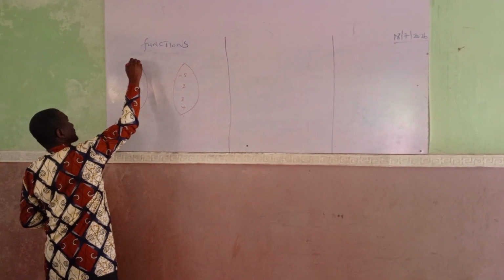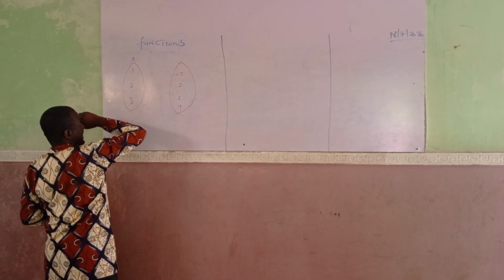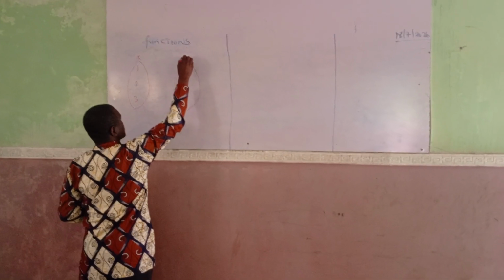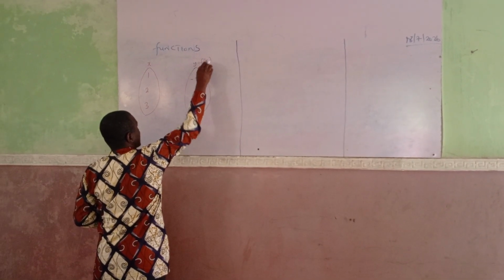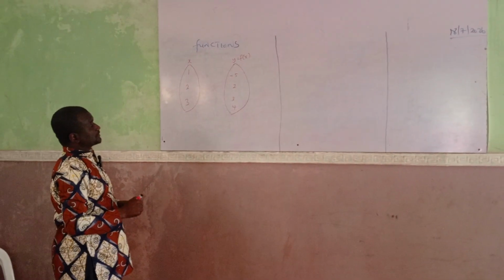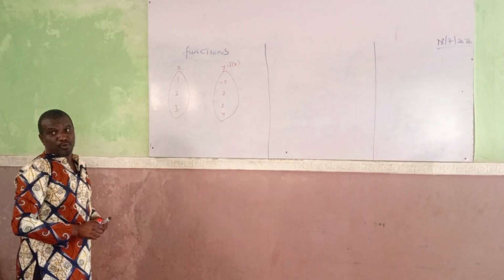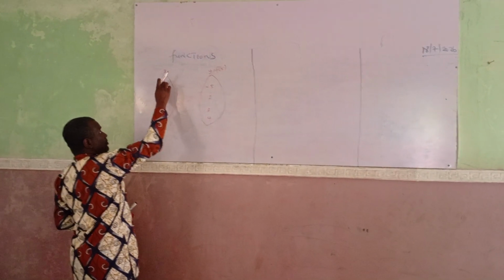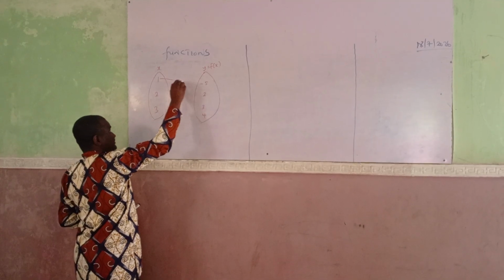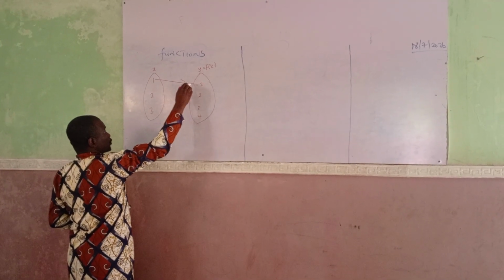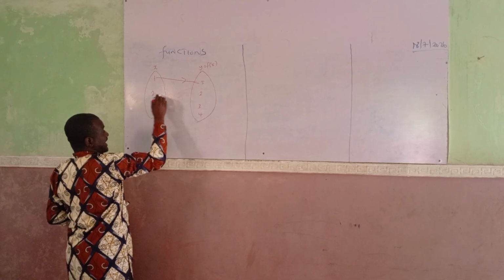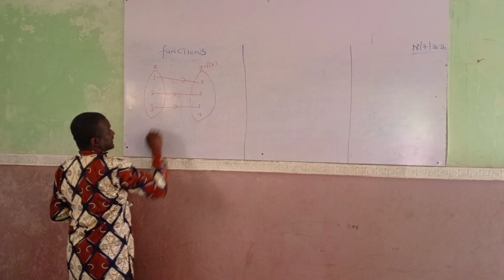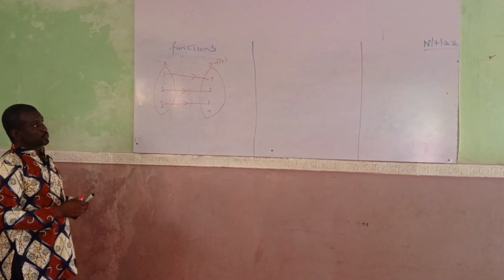Here, this domain is called X, and this codomain is known as Y. Sometimes we use f of X for the codomain. Is that okay? So the codomain can be Y or f of X. So a function, when a number in this domain maps to a number in the codomain, which is said to be the image, I have 2 mapping to 2, and I also have 3 mapping to 3. So this is a function.